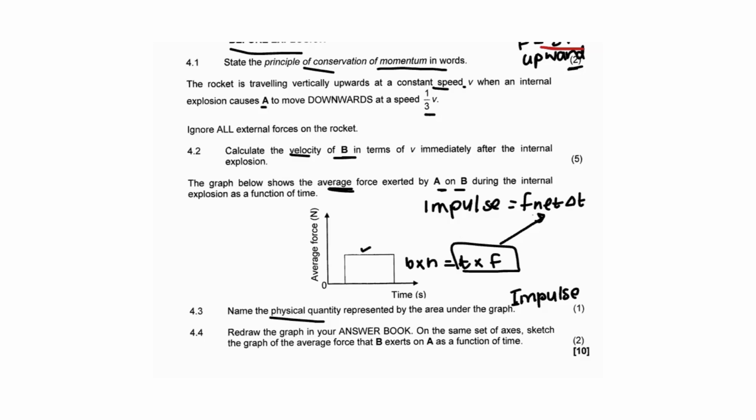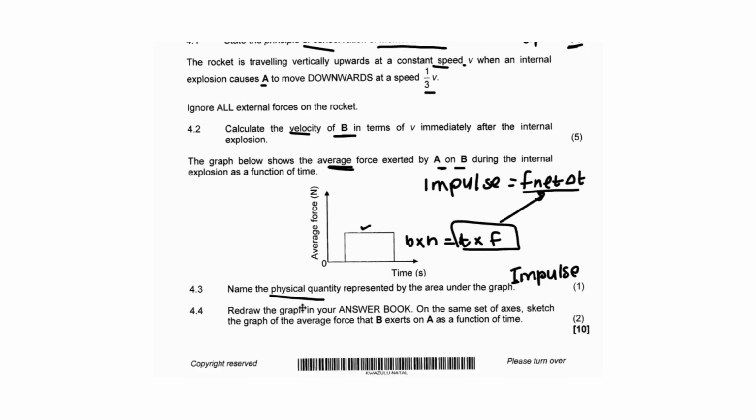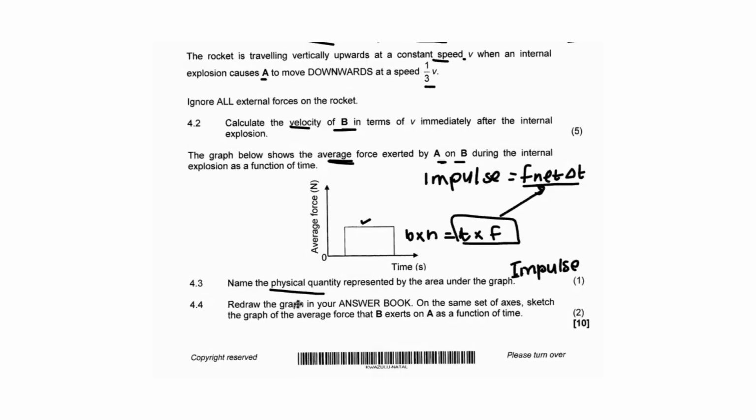But this one, because the area under the graph, you are saying force times time, then you are representing impulse. And then they ask us to redraw the graph in your answer book on the same set of axes. Sketch the graph of the average force that B exerts on A as a function of time for 2 marks. So it means you have to redraw the very same graph, and then we need to show the force.